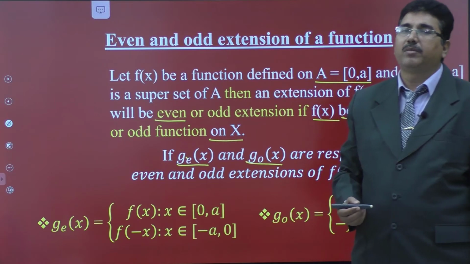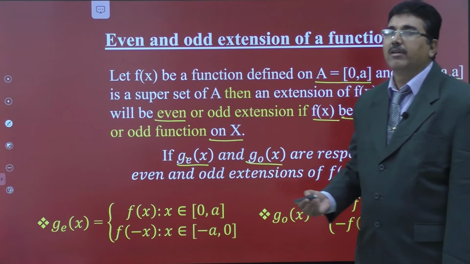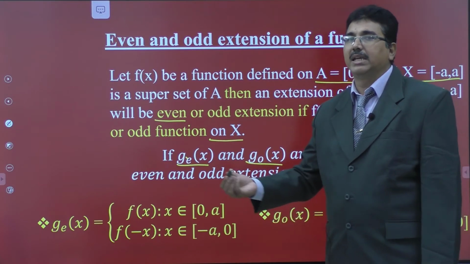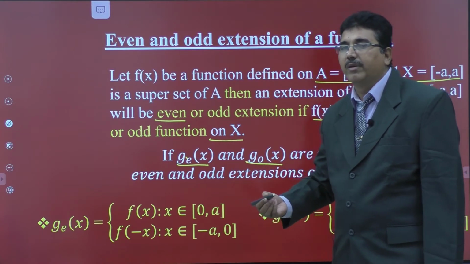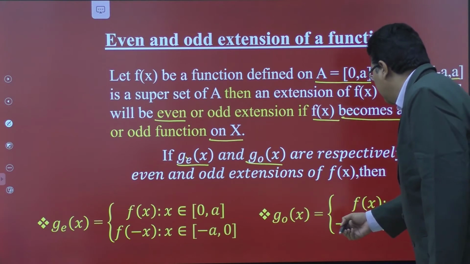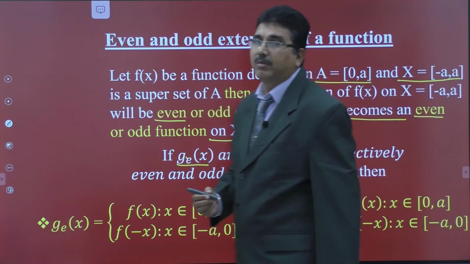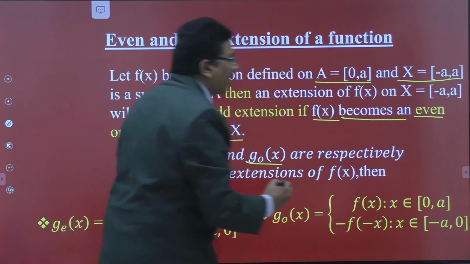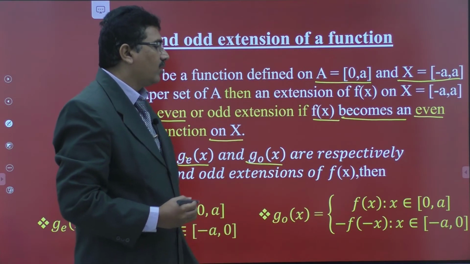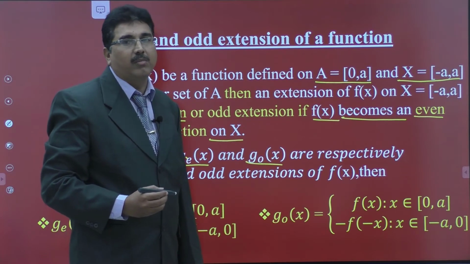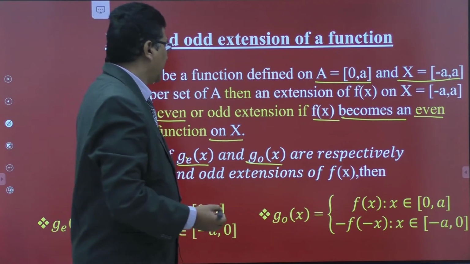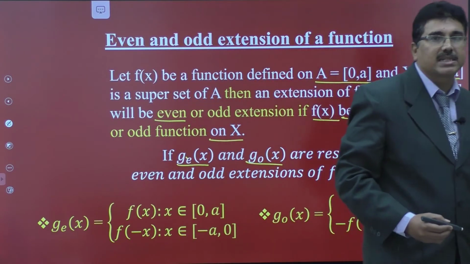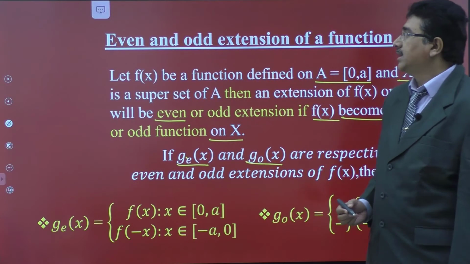The definition of an odd function is f of minus x is equal to minus f of x, so that f of x is equal to minus of f of minus x when x belongs to the closed interval minus a comma 0, right? This is an even extension and this is an odd extension.